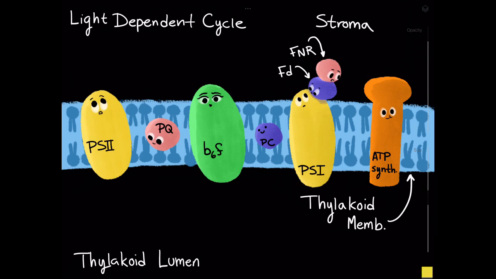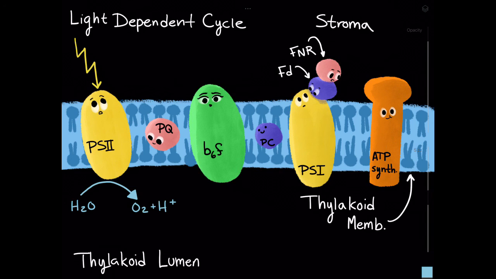Okay, so now that we know what everyone's name is, we can look at the actual function. And the first part of the light-dependent cycle is of course going to be the light that strikes photosystem 2. And that's going to give photosystem 2 the energy it needs to take water and break it down, so take some water here, and we're going to break that down into O2 and H+.